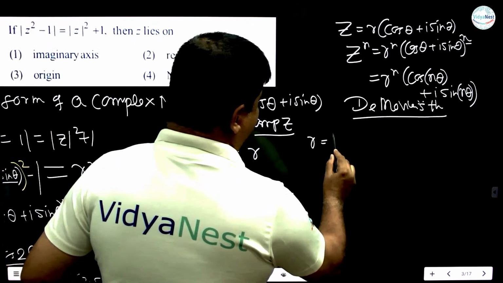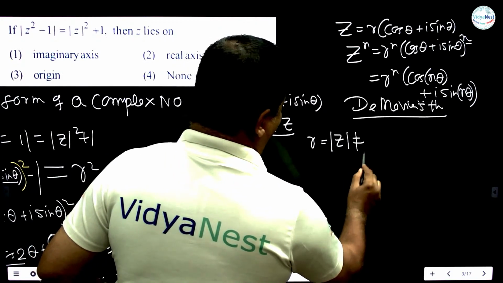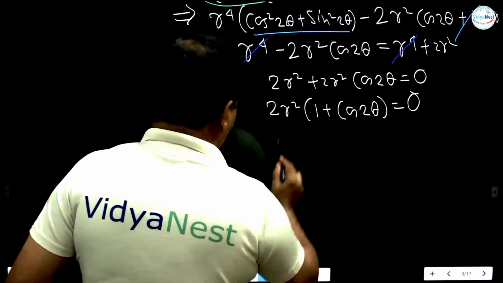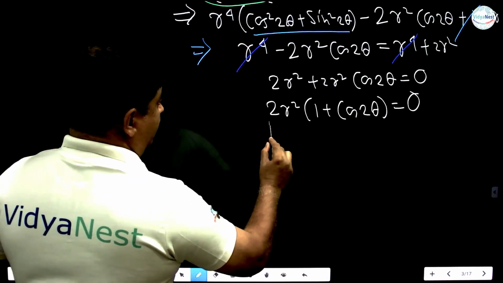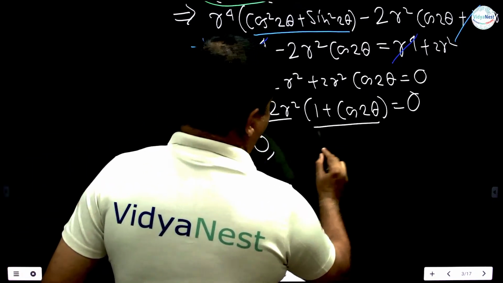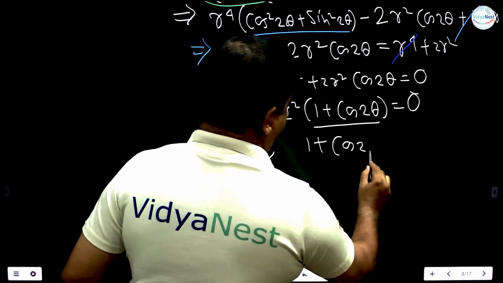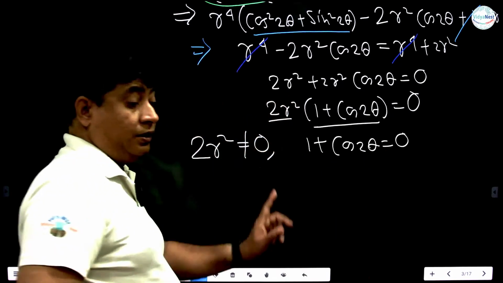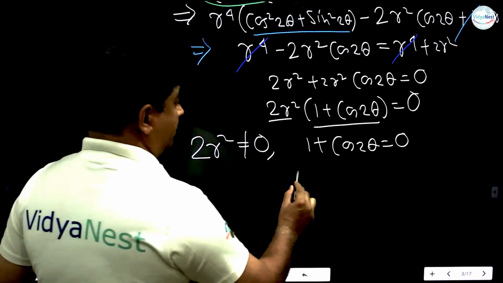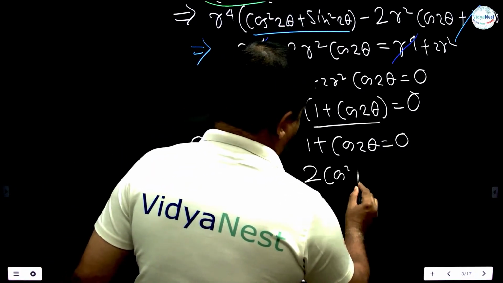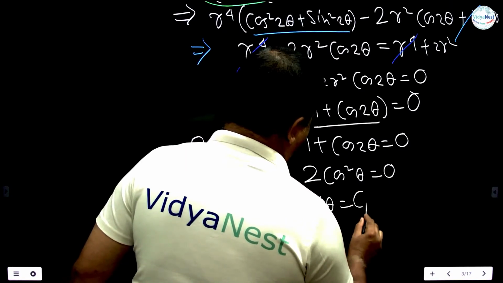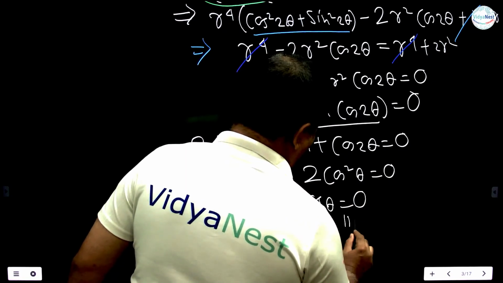So this part 2r square cannot be 0. So this part must be 0. This part reminds you what formula? Formula of a multiple angle. 2 cos square theta, which implies cos theta is equal to 0, theta 90 degree.